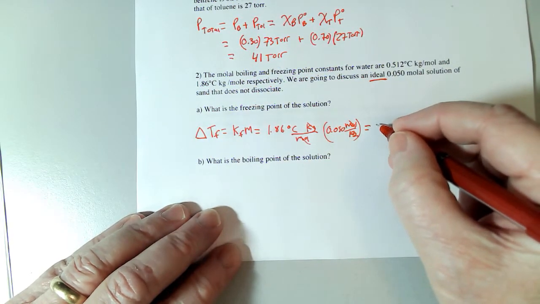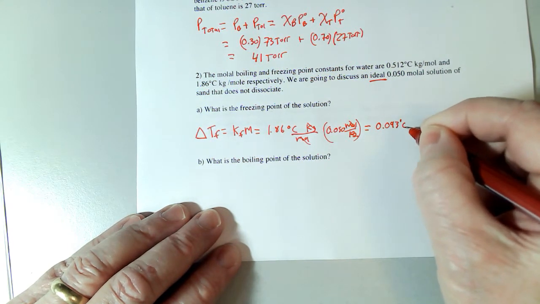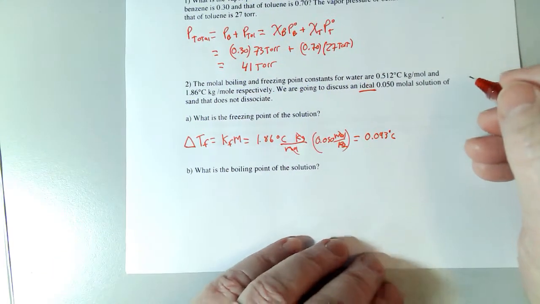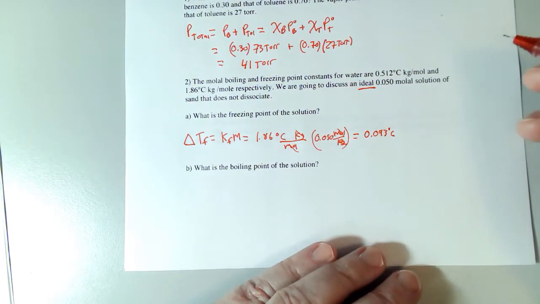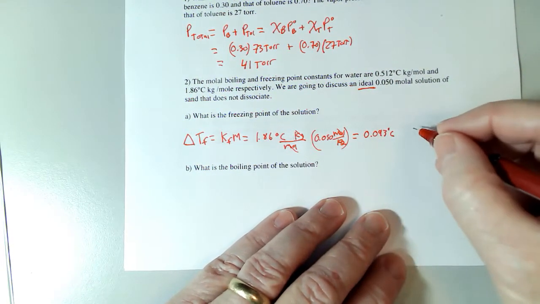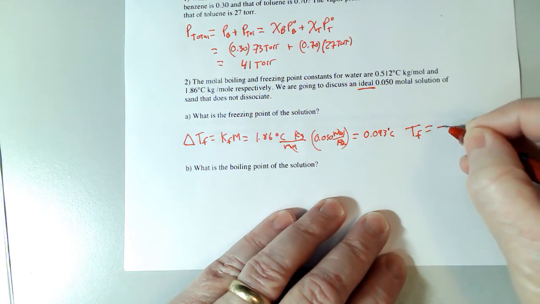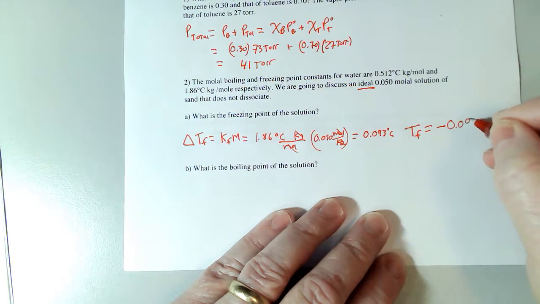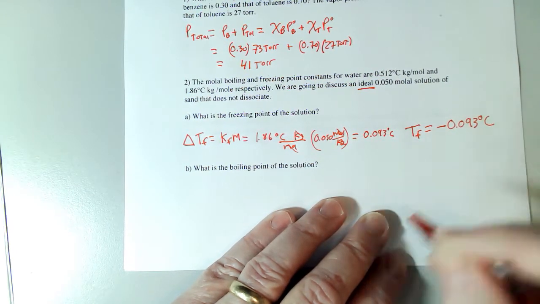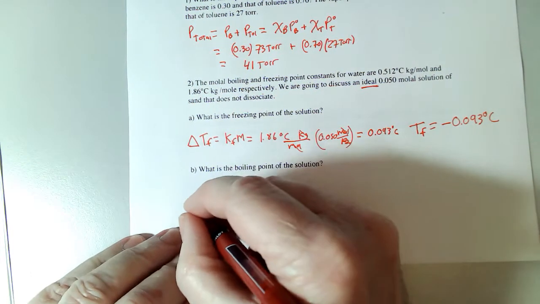And that equals 0.093 degrees Celsius. Now, normally, water freezes at 0 degrees. So I'm going to subtract that off of 0 degrees, and the freezing temperature is negative 0.093 degrees Celsius.